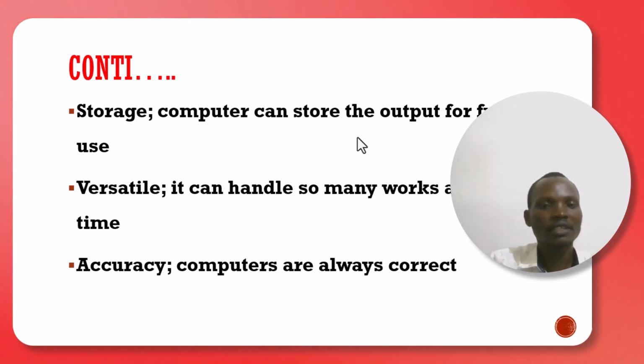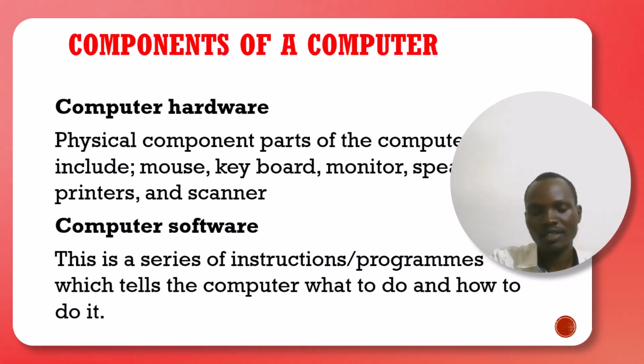Most computers are very versatile. That is, they are in a position to handle so many works at the same time. And a computer is very accurate. It can do tasks in a very correct way, provided the input which has been given to it is correct. So you ask yourself, what are the different component parts of a computer?